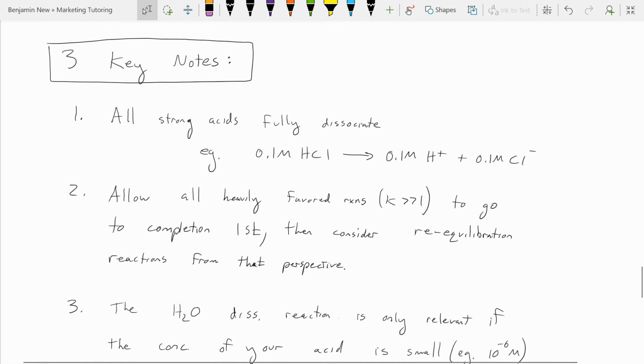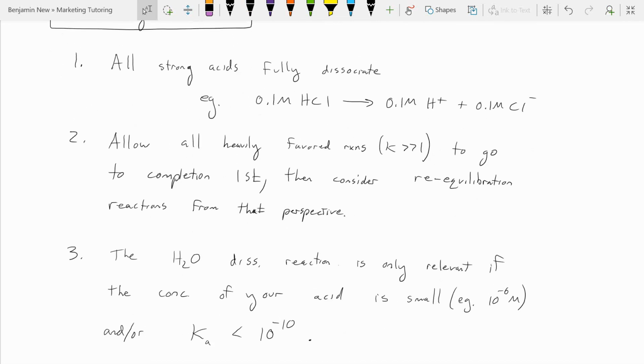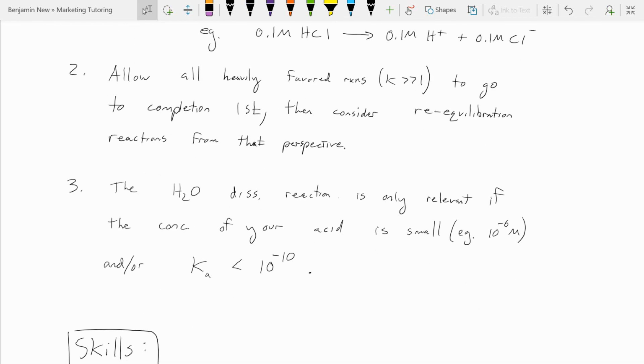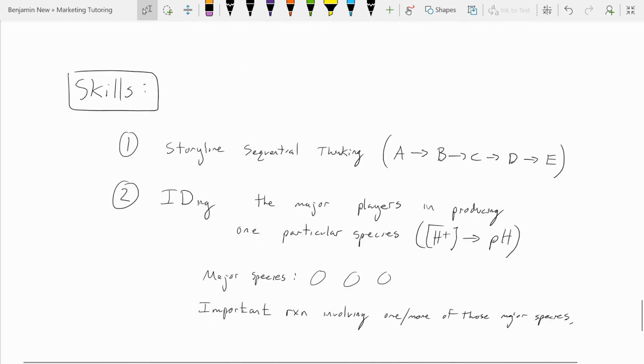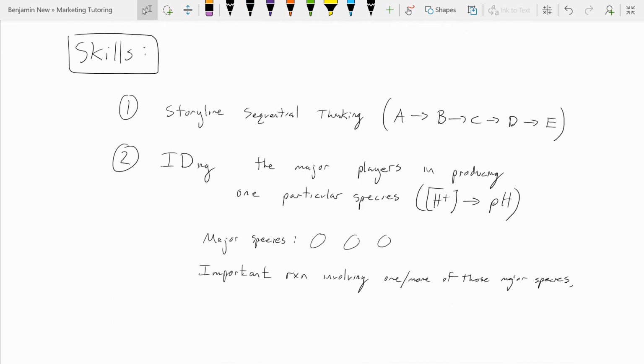So all strong acids fully dissociate, allow all the heavily favored reactions to go to completion first, then consider re-equilibration from that perspective. The water dissociation reaction is only relevant if the concentration of your acid is small or the Ka is really tiny. And the 2 skills that we've talked about is really thinking on a molecular level and thinking time-wise, like what happens first, then next, and really breaking it apart into as many time steps as possible that will allow you to solve this problem.